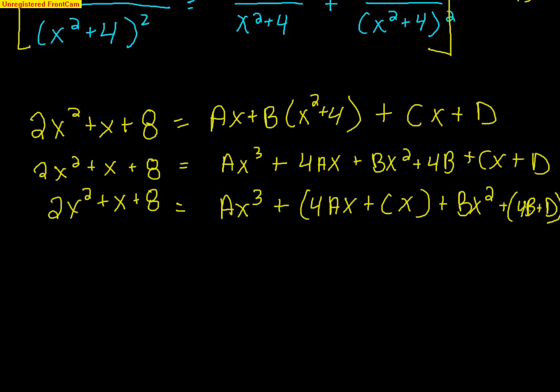Okay, so we're going to do some linear equations again. There's nothing on the left side equal to x cubed, so we set a equal to 0 in our first linear equation. And then we go to the bx squared, and we get b equals 2, because there's a 2x squared on this side.